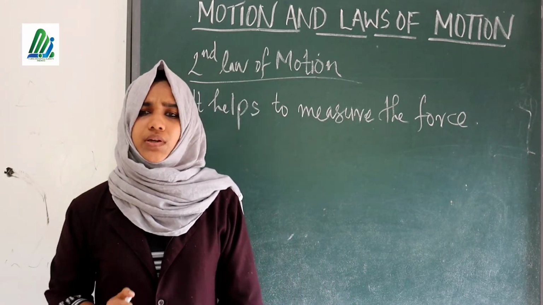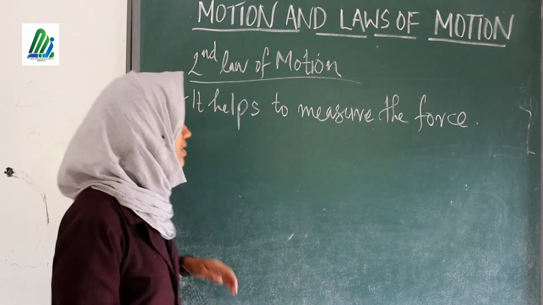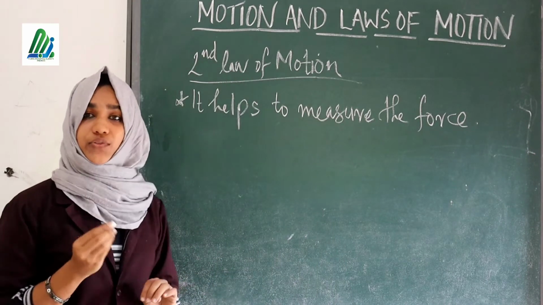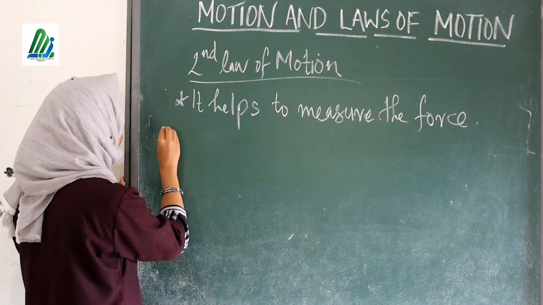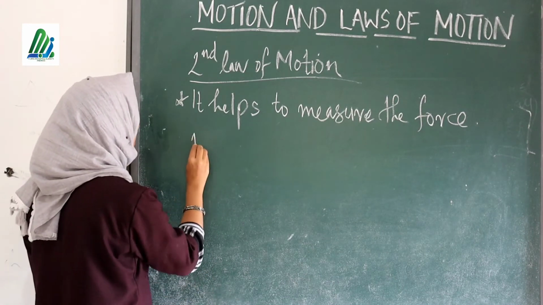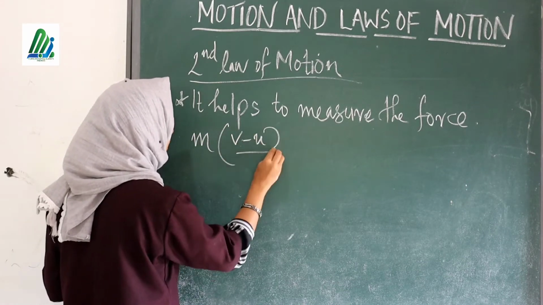So how can we write the rate of change of momentum of the body? The rate of change of momentum of the body is m into (v minus u) by t.